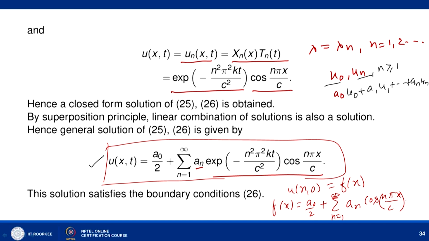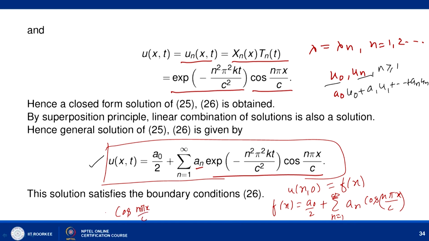Here we utilize the orthogonality of cos of n pi x by c. So you multiply by cos of m pi x by c on both the sides and integrate.